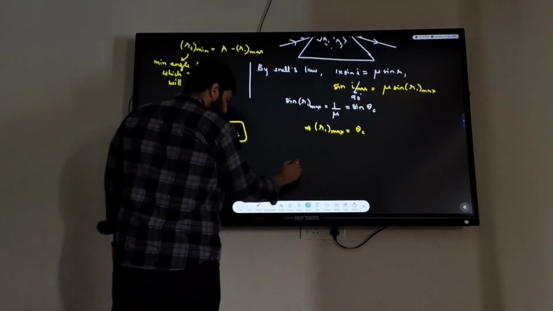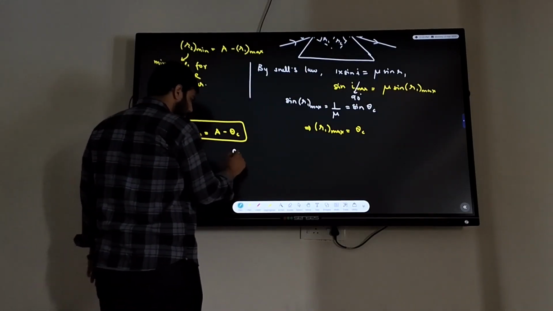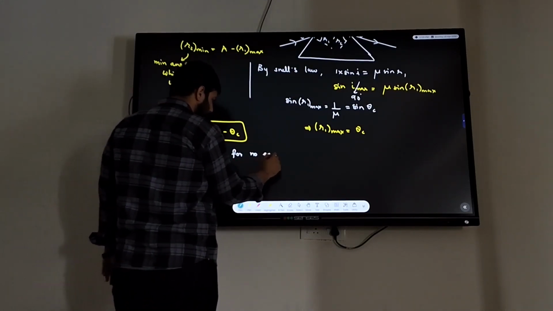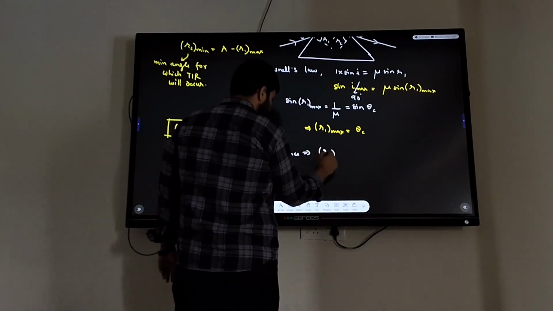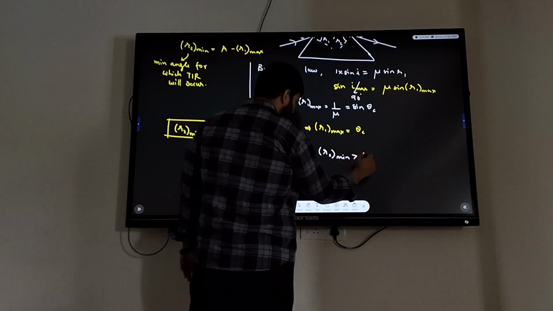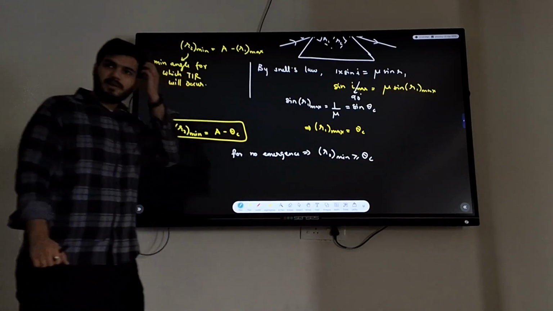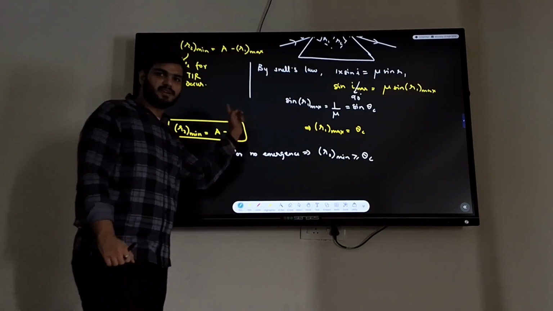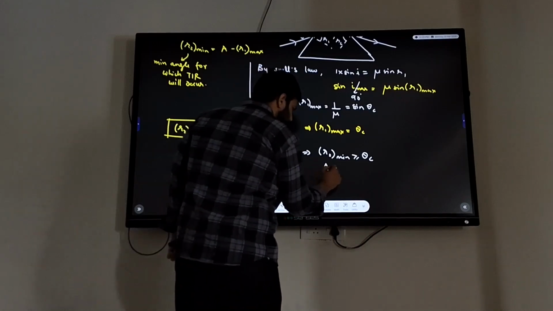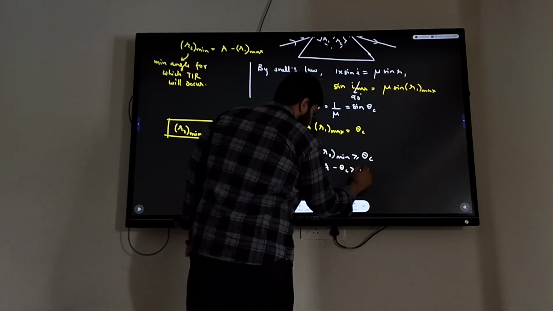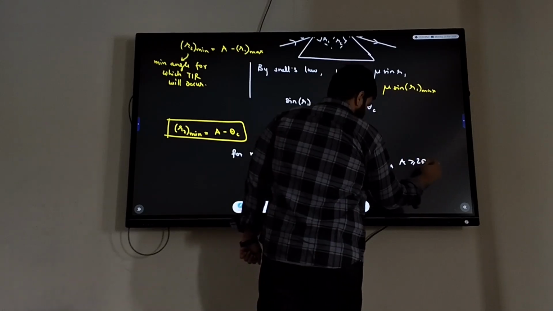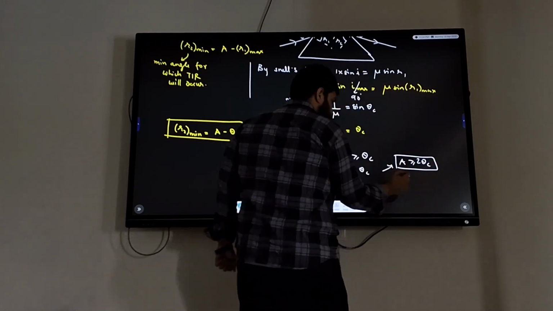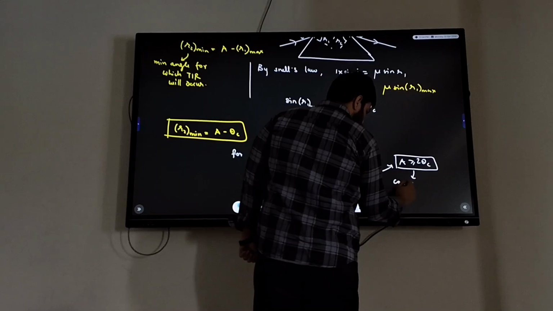So for no emergence, the condition is that R2 min should be greater than or equal to theta c. It only makes sense. But R2 min that we found is A minus theta c, which must be greater than or equal to theta c. Then A is greater than or equal to 2 theta c. And this is called the condition of no emergence.